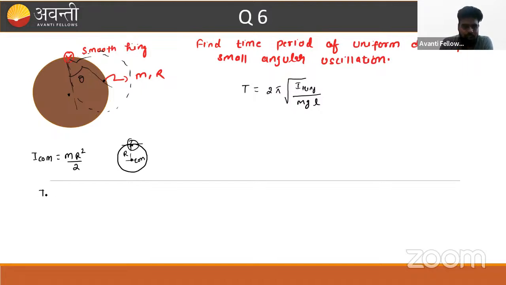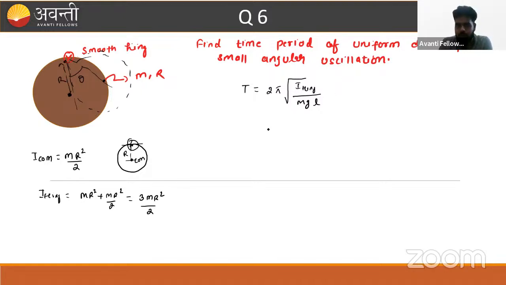So what is I about the hinge? This is mr square plus mr square by 2, so we can say this is 3 mr square by 2. If we put this value here, what is L here? This is the distance of the center of mass from the point of suspension, which is equal to r.